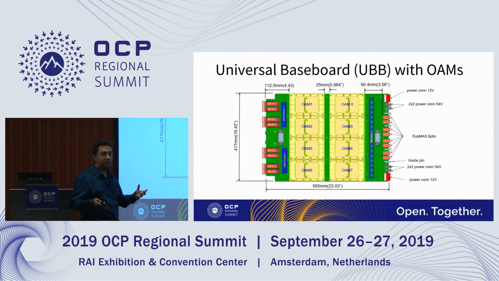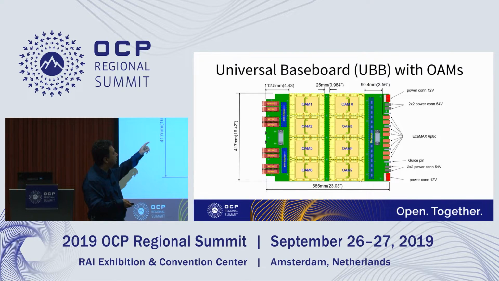Just for you to have a visual, the universal baseboard is organized in this shape. The size of OAM from the beginning, it wanted to take advantage of all the horizontal space of a 19-inch rack baseboard or motherboard.